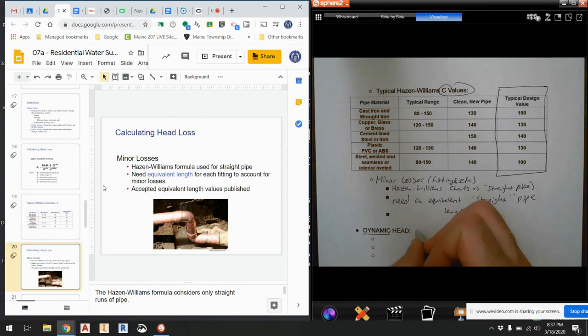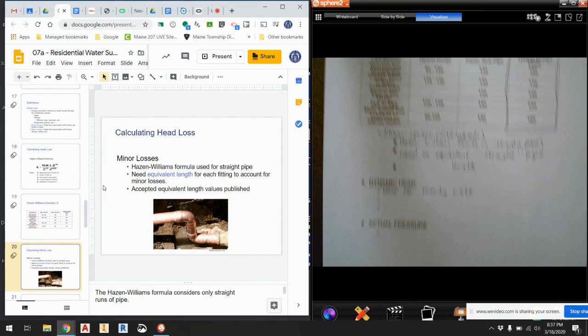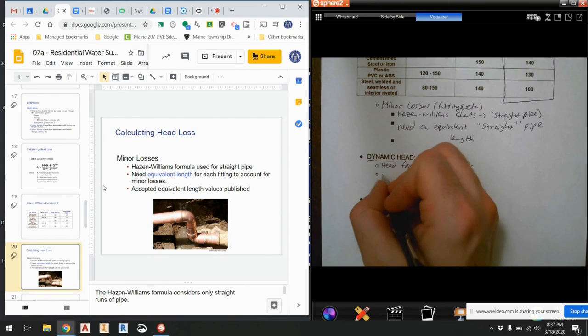All right. And so now the concept is that when we're using dynamic head, this is head for moving water. It's still measured in feet.